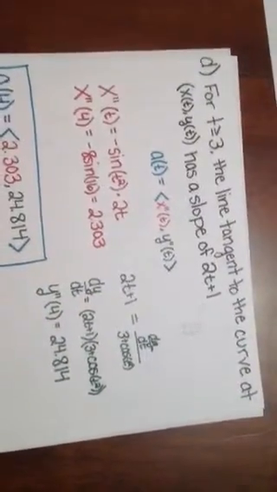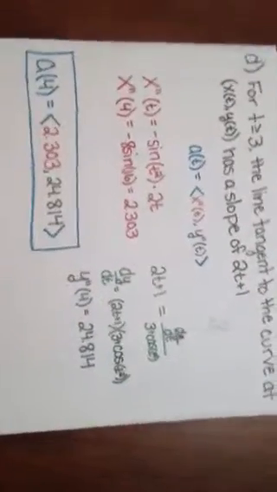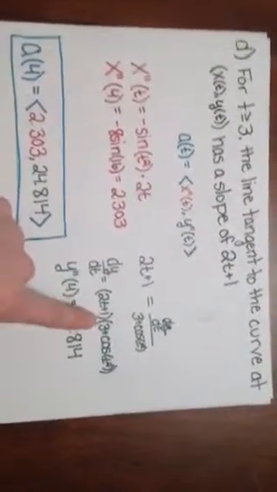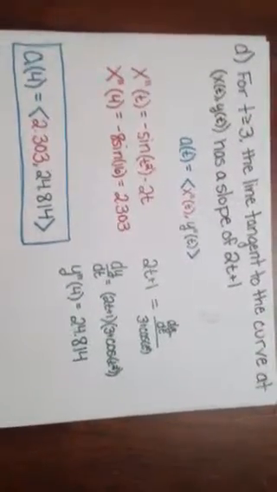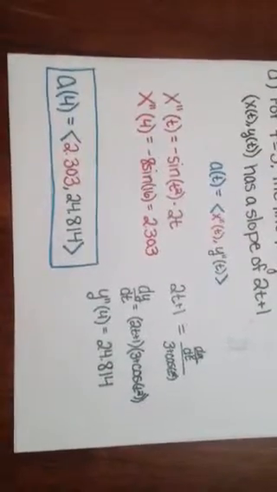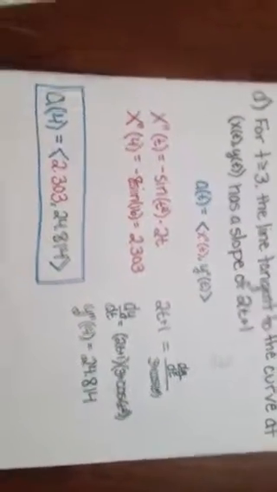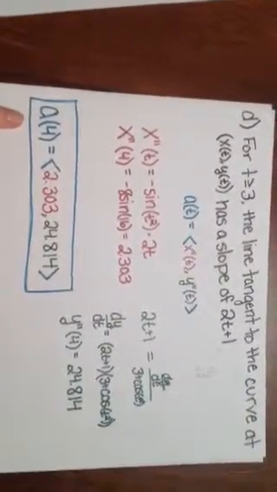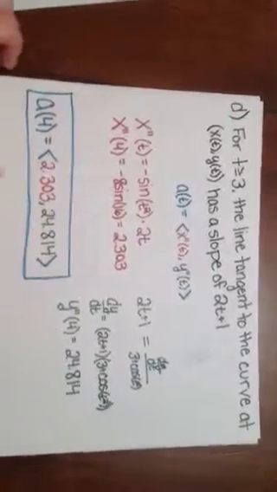So we can solve for dy/dt by rearranging this equation. Then by taking the derivative in our calculator, since it's a calculator problem, and finding that derivative at 4, we get y double prime of 4 equals 24.814. So our acceleration vector at 4 is (2.303, 24.814).